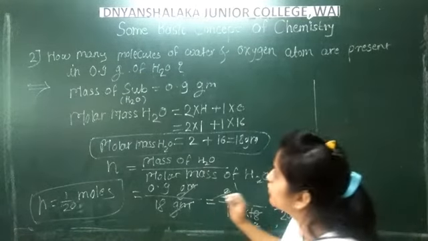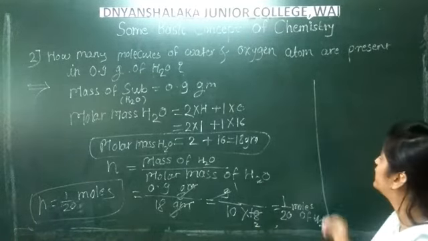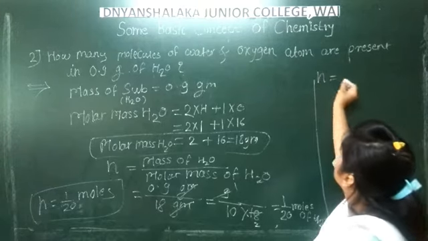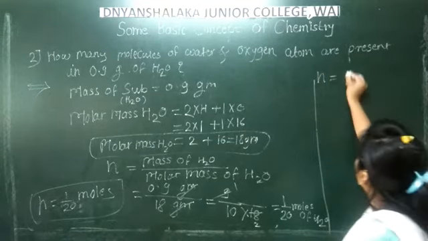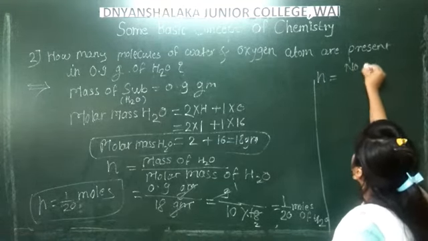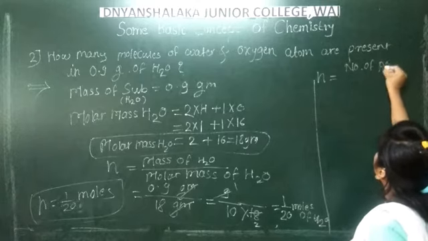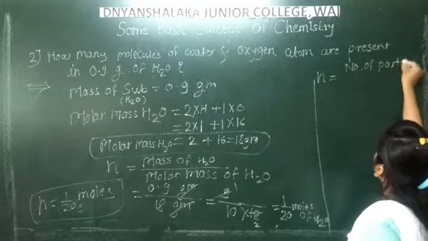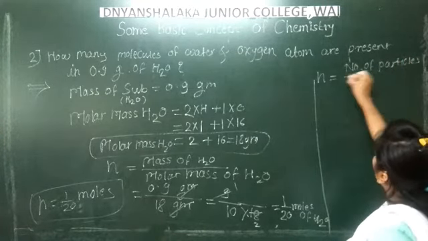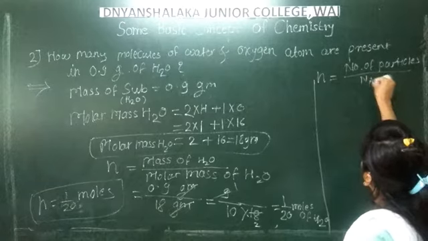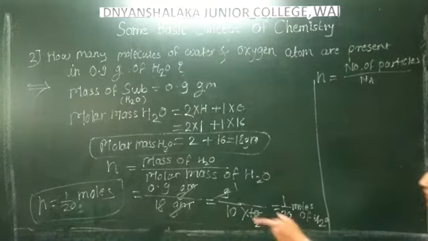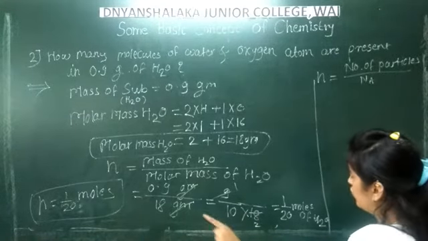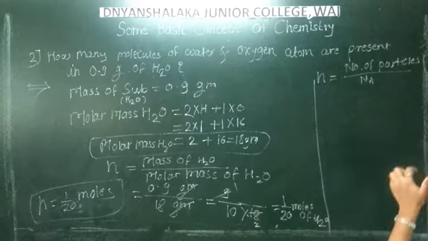Using the number of moles, we have to find out the number of particles. So using the third formula, n is equal to the number of particles or molecules upon Na. So in the last part we got the number of moles of water as 1 by 20 moles.